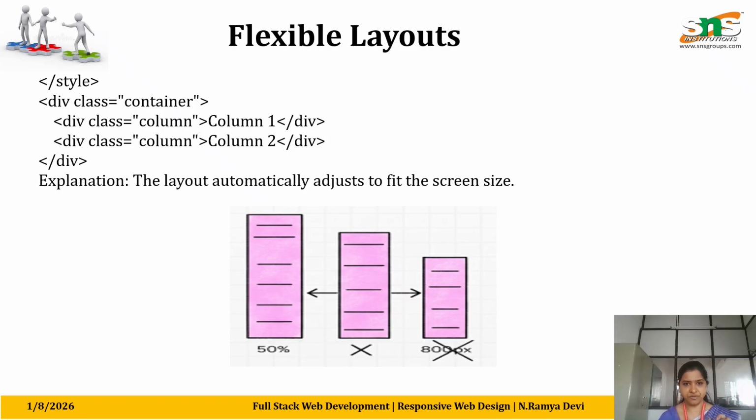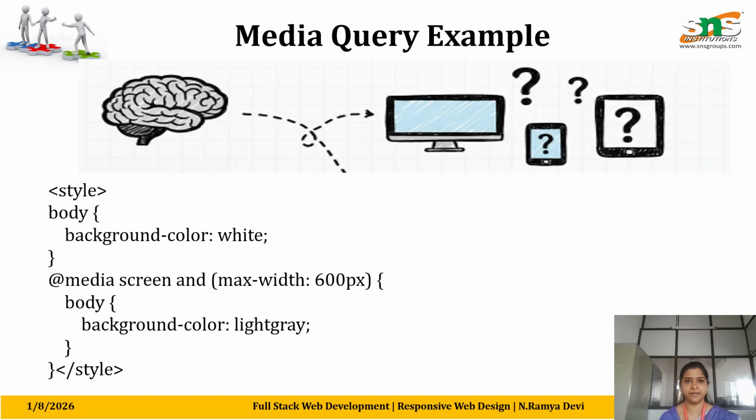The container can be fixed and the margin moves automatically depending upon the screen size or the device you are opening the web page on. It means the layout will automatically adjust to fit the screen size.